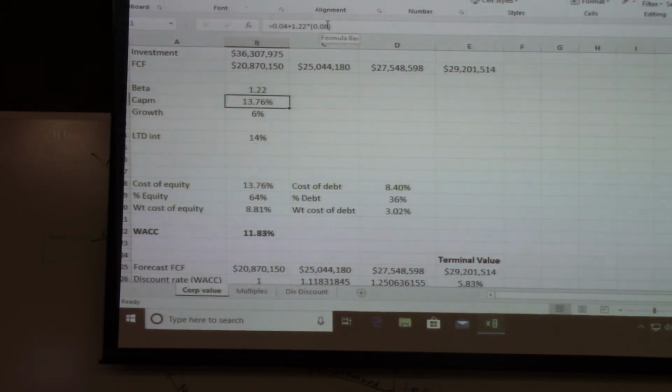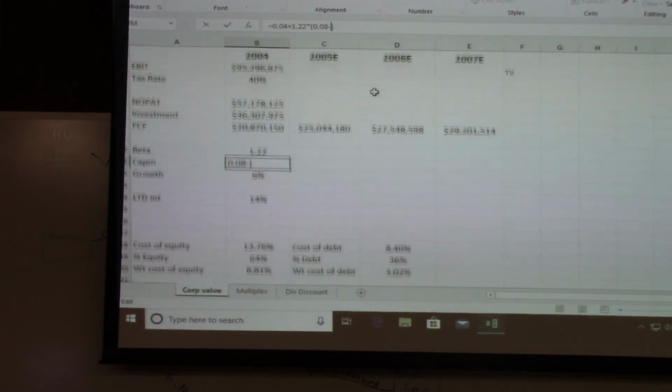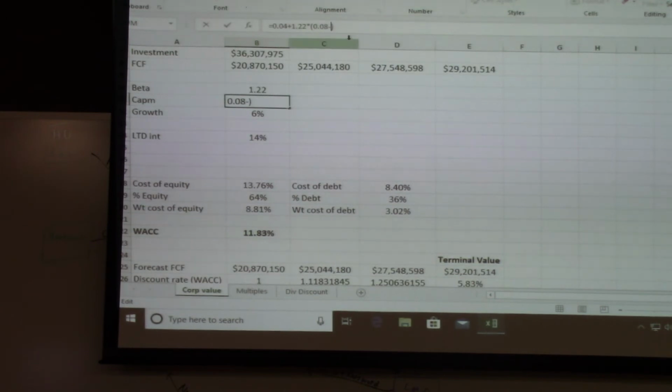So if we change our CAPM from the risk premium to the expected return of the market, then we have to subtract out our risk-free rate. And I think he said the risk-free rate was 4%, yeah, it's right there, 4%, minus 0.04.